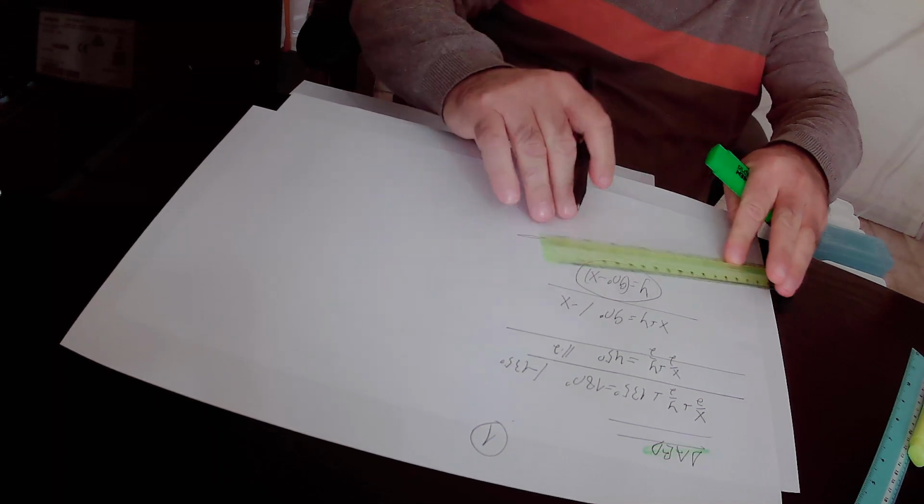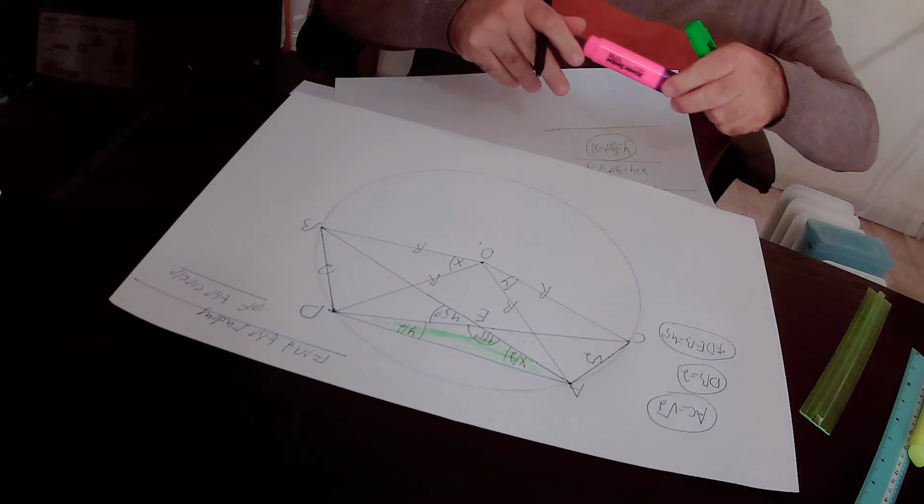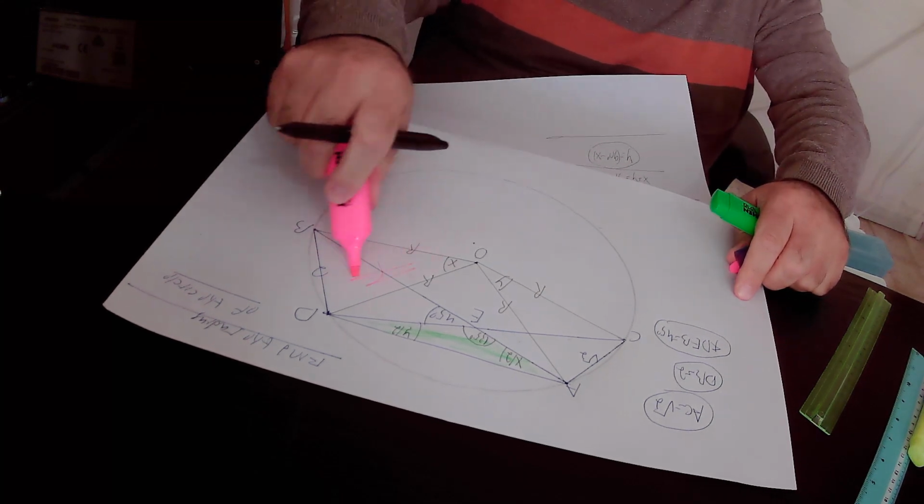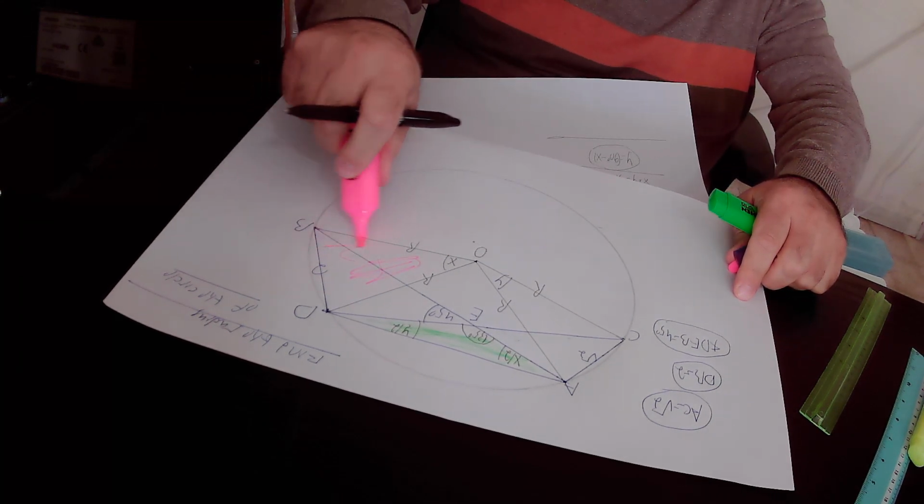In the next step, we will implement the law of cosines on the pink triangle, triangle DOB.